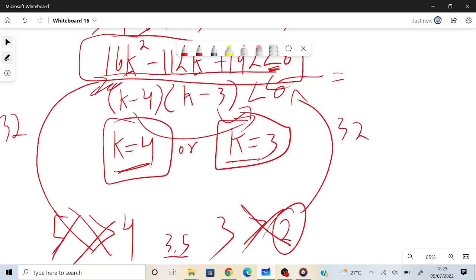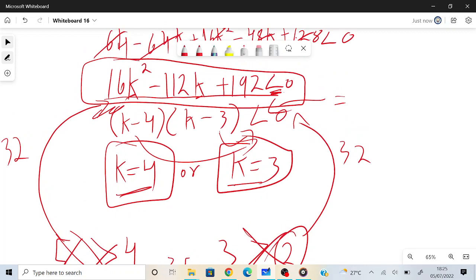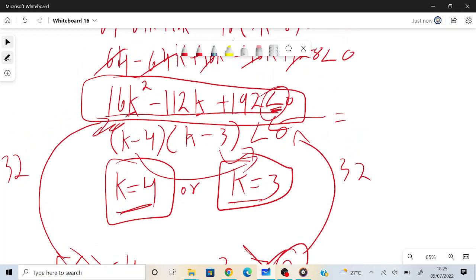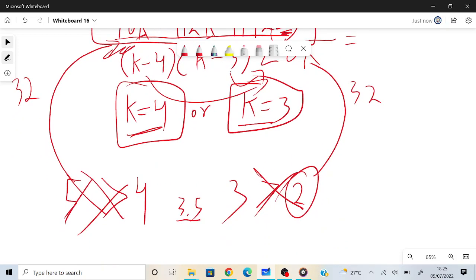If I put 3.5 into k, 16 into 3.5 squared minus 112 into 3.5 plus 192, I am getting minus 4. And minus 4, as we know, is less than 0. So this satisfies the inequality. And if 3.5 is satisfying the inequality, as we know, it's a number between 4 and 3.